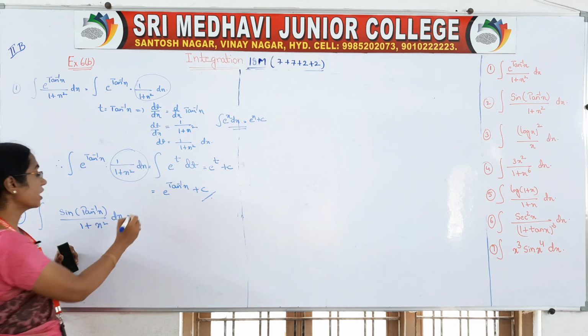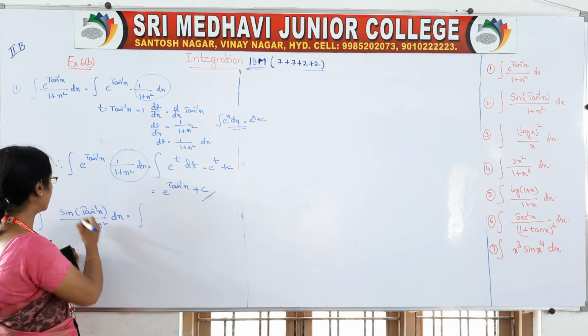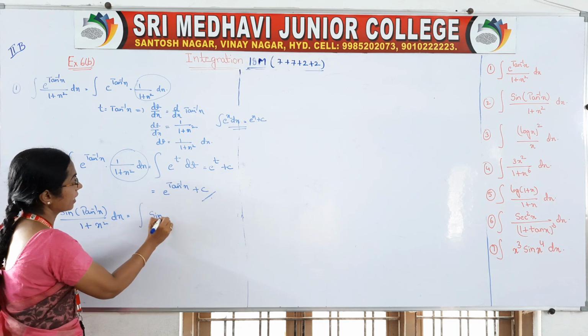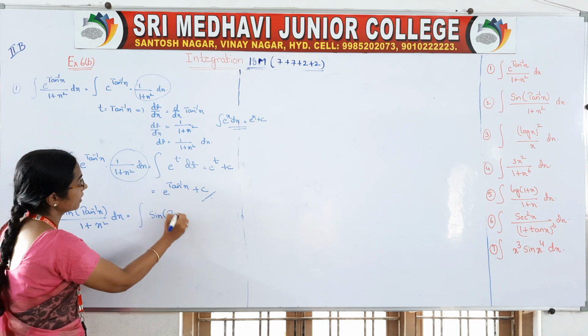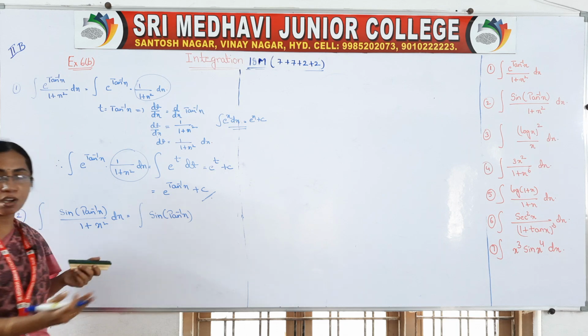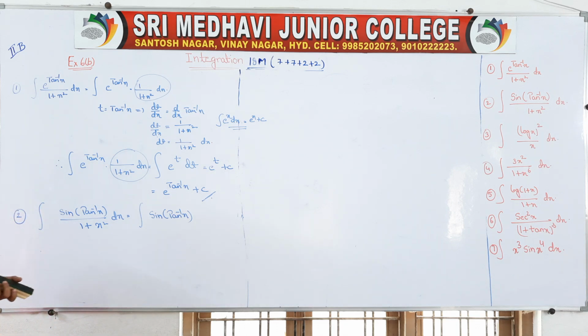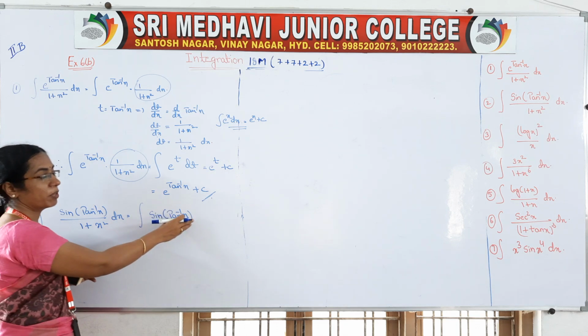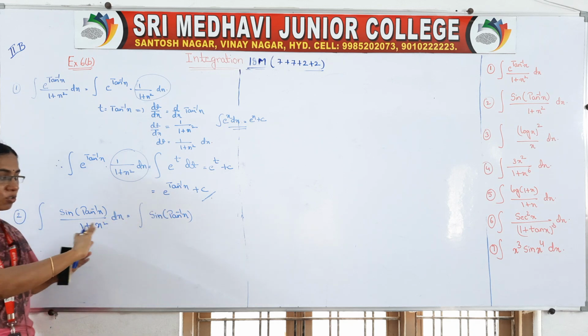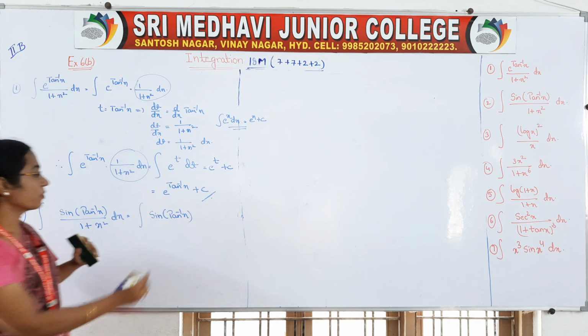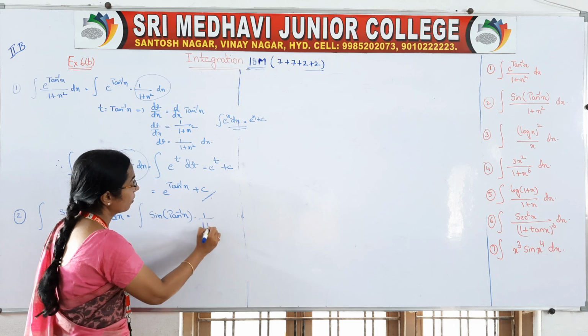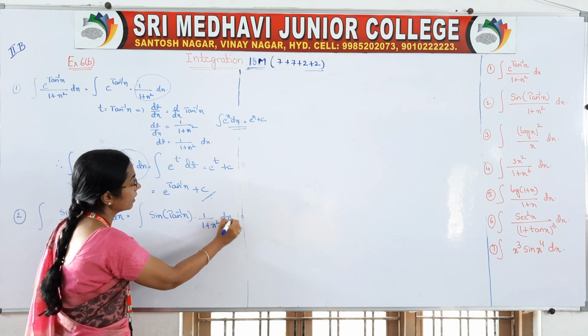So how can we write it? We can write this as integral of sine of tan inverse x. We cannot write it separately; it is not sine x into tan inverse x. Sine of means in place of the angle we have that value, so we cannot write it separately, into 1 by 1 plus x square dx.